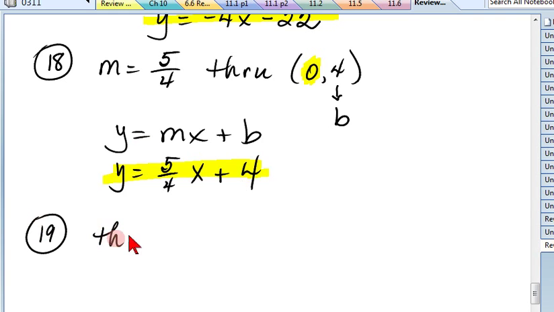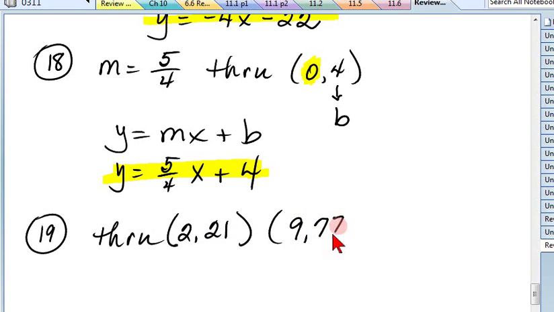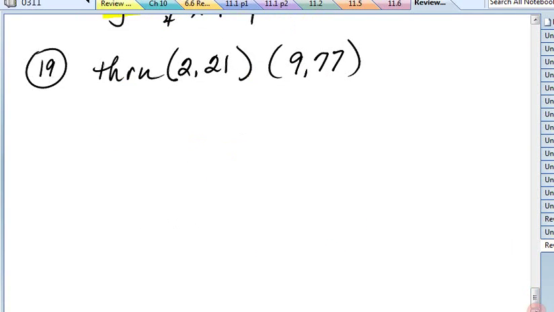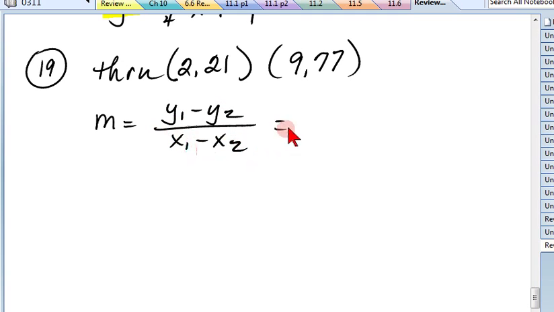We have a line that goes through (2, 21) and (9, 77). Well, what is it I need to know about this line first? Slope. So m is equal to y1 minus y2 over x1 minus x2. The y's are on top, the x's are on bottom.